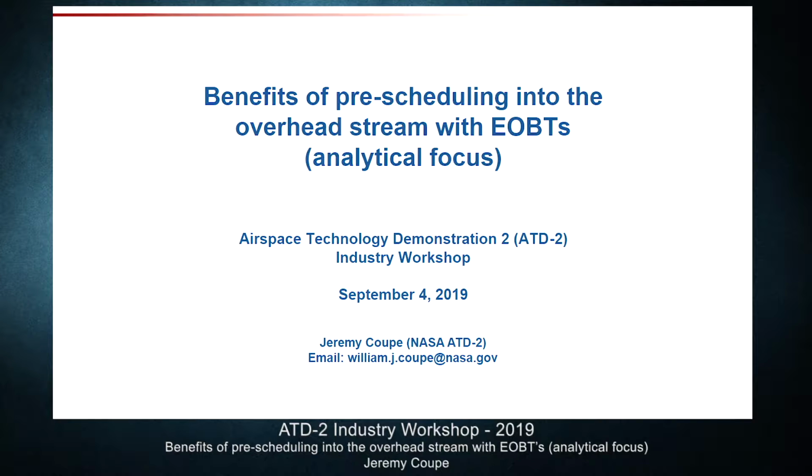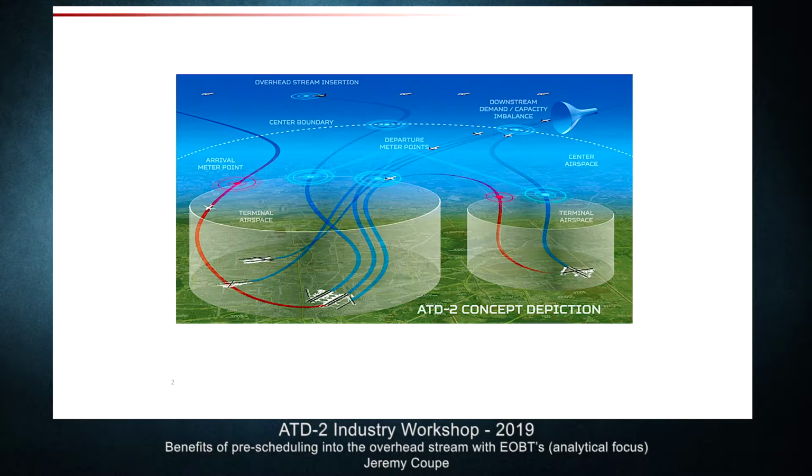So the idea here is that we'll talk about some of these benefits from pre-scheduling into the overhead stream with the EOBTs, and this is really analytic focused, so for somebody like me who likes the data, it's very exciting. Just to begin with, we'll start off with an overview of what the ATD-2 concept is.